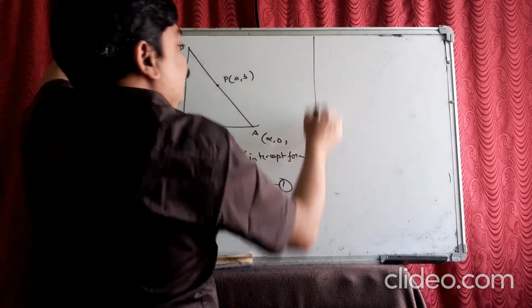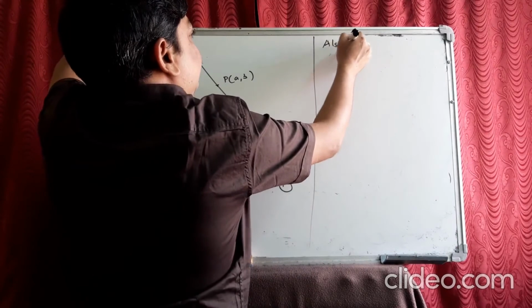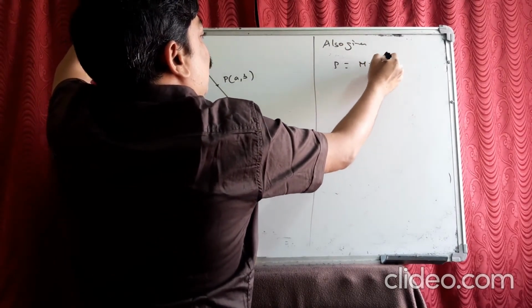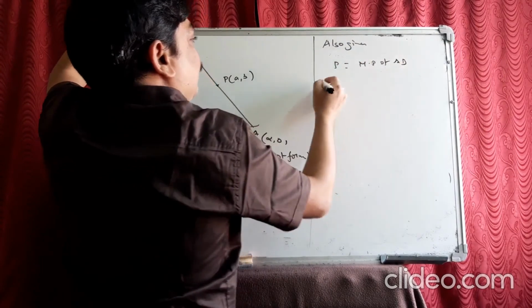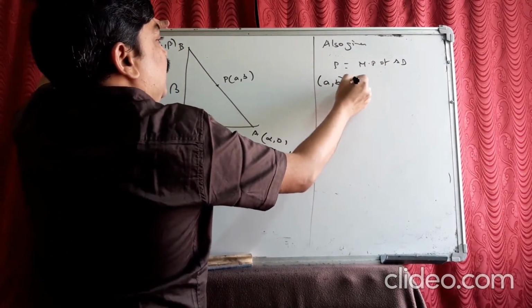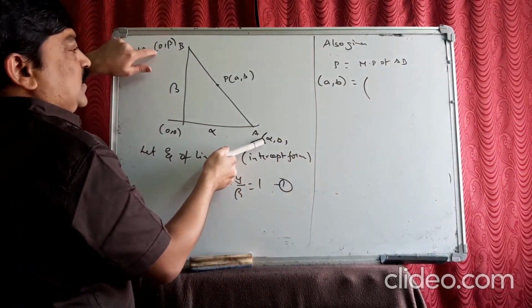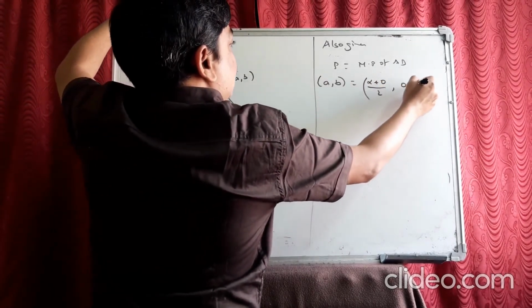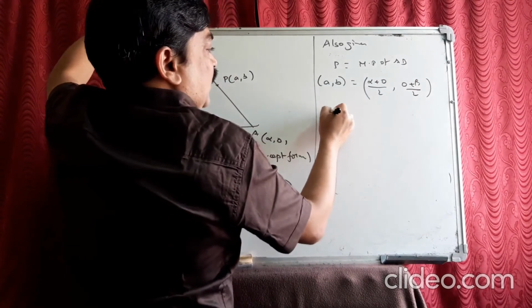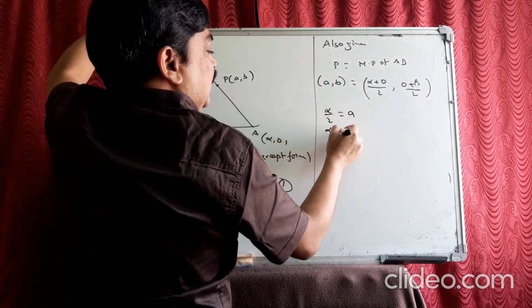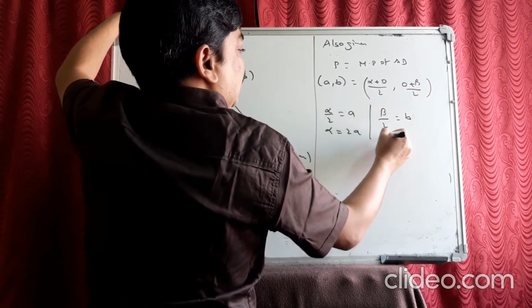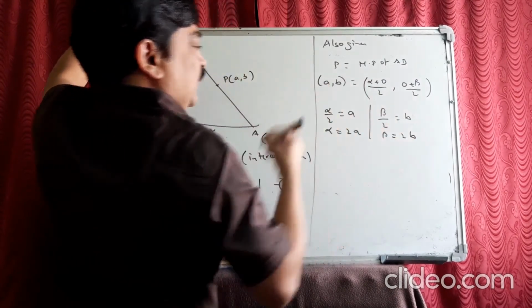Also given, P is the midpoint of AB, so P is (a, b). Midpoint formula: (x1 + x2)/2, so (alpha + 0)/2 and (0 + beta)/2. Alpha by 2 is a, so alpha is 2a. Beta by 2 is b, so beta is 2b.